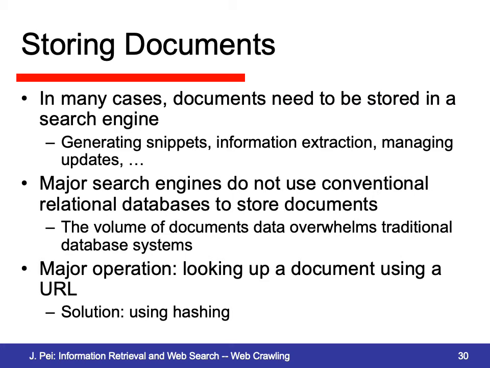The major operation here is to look up a document using a URL from the data stored in the search engine. How to look up quickly? We all know from our data structure course, hashing is a very efficient approach.